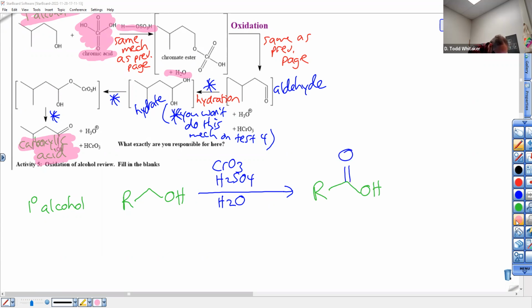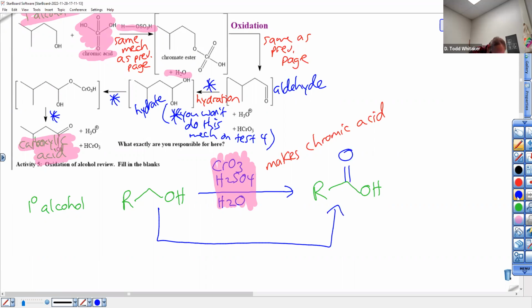Because this set of chemicals makes chromic acid. You have to know that. This same set of chemicals also makes chromic acid. Looks very similar.